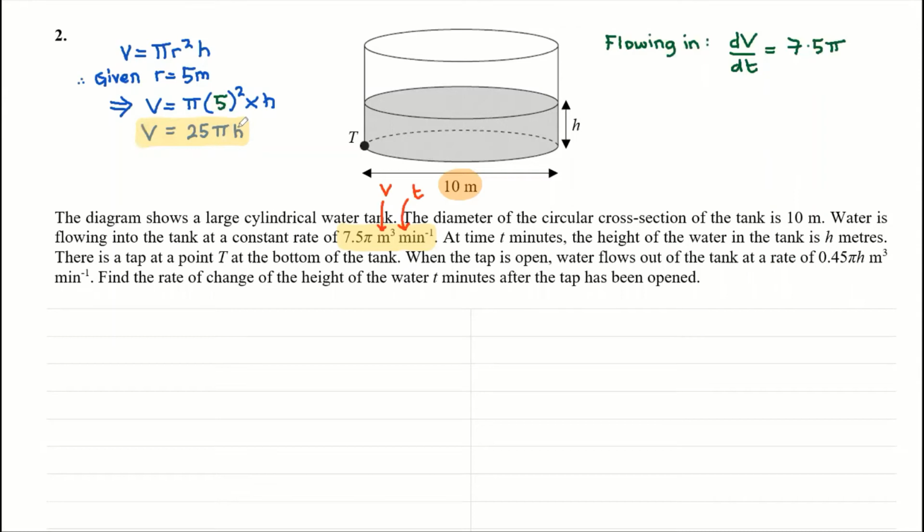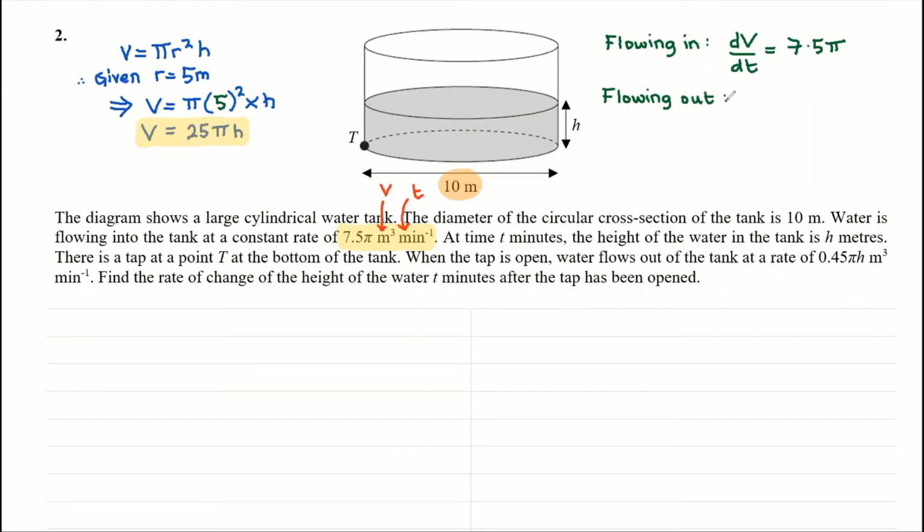Now, there is a tap at the point T at the bottom of the tank. Now, when the tap is open, water flows out of the tank at a rate of 0.45 pi h cubic meters per minute. Right, so this is really important, as everything is, as I keep saying. Now, flowing out, we have another rate of change.